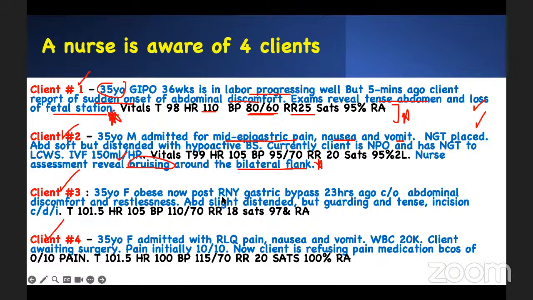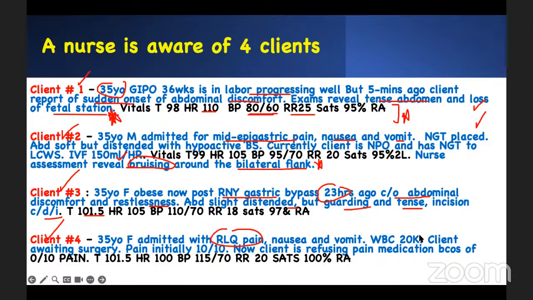Number 3, Roux-en-Y gastric bypass, abdominal pain, restless, distended, guarding, tense, incision, temperature like that. 23 hours after surgery. I'm showing you how you can answer questions by focusing on the buzzword. Forget about all the stuff. Take the 3, 4 pieces of information, and you'll be able to make a diagnosis for this patient.